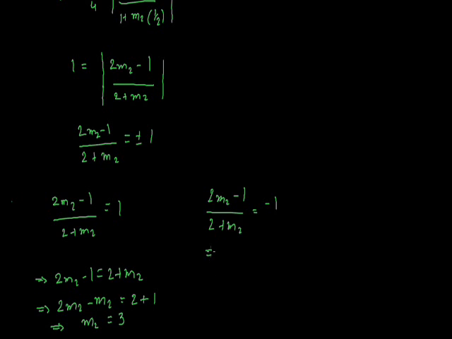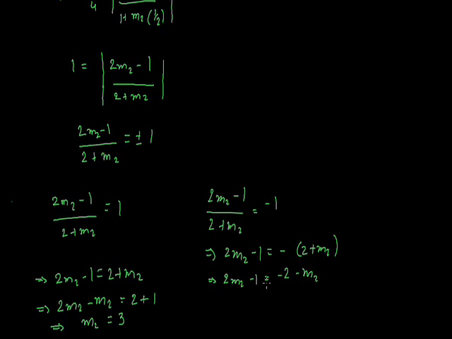Now similarly we solve the other equation, which says that 2m2 minus 1 equal to minus of 2 plus m2, which implies that 2m2 minus 1 is equal to minus 2 minus m2.